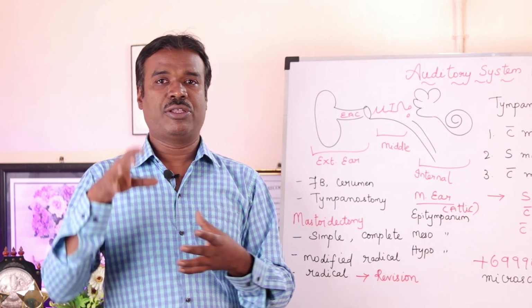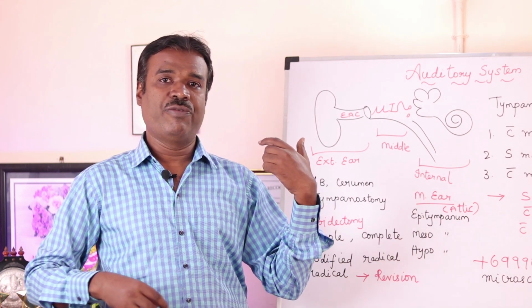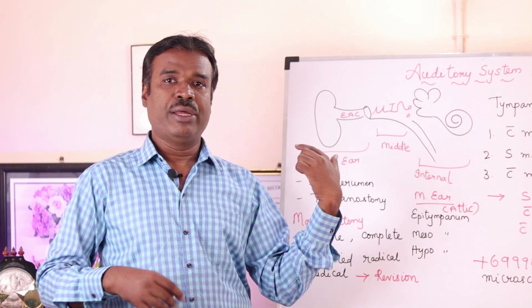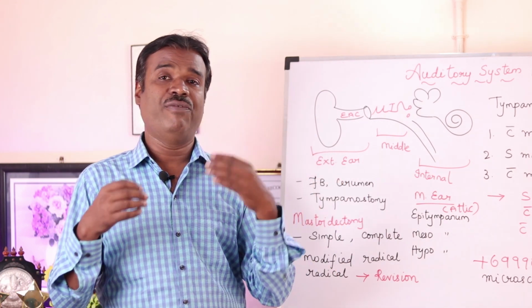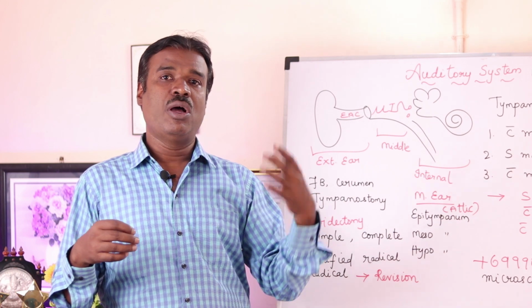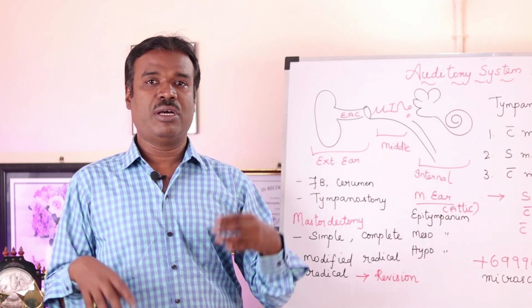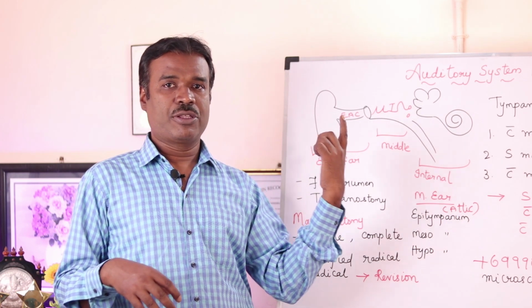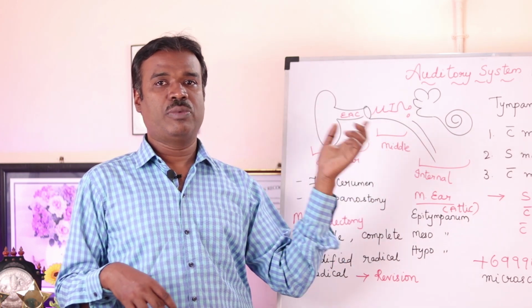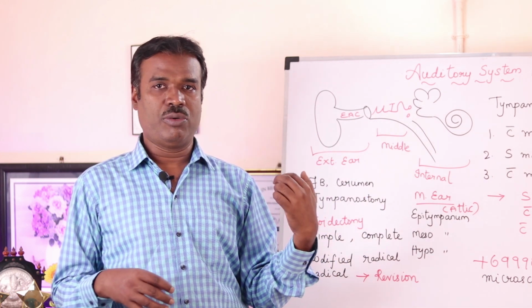So in such cases, the pressure within the middle ear cavity is very much elevated, and now the physician will have to ventilate the excessive fluid outside. This is called a ventilating tube placement, or a tympanostomy, or a PE tube, which is a pressure equalizing tube placement. So the physician is just going to place a tube into the eardrum so that he can drain the excessive fluid outside.